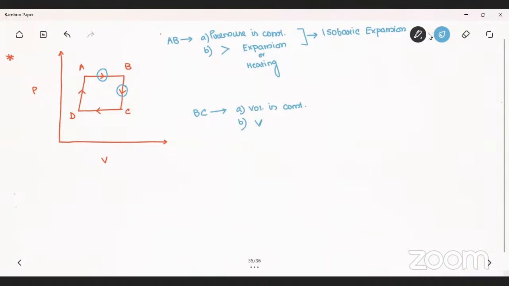Downward arrow means either compression or cooling. So what it becomes? It becomes isochoric cooling.